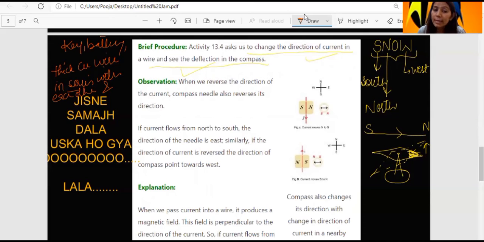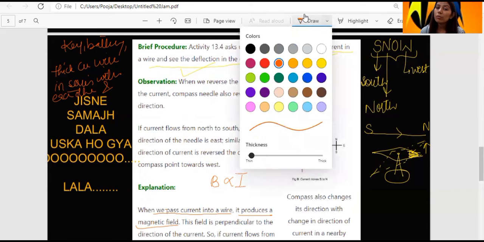So what is the explanation? Switch on the key. When we pass the current into the wire, it produces a magnetic field. Obviously, when the current is passing, it produces a magnetic field. The magnetic field B is always directly proportional to the current. It means when the current is passing through the conductor, a magnetic field is always produced.